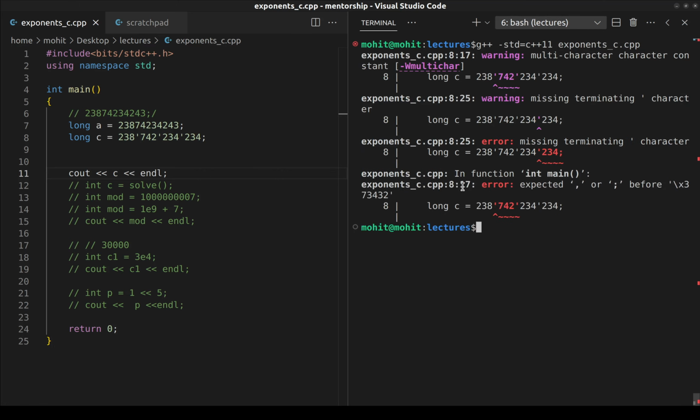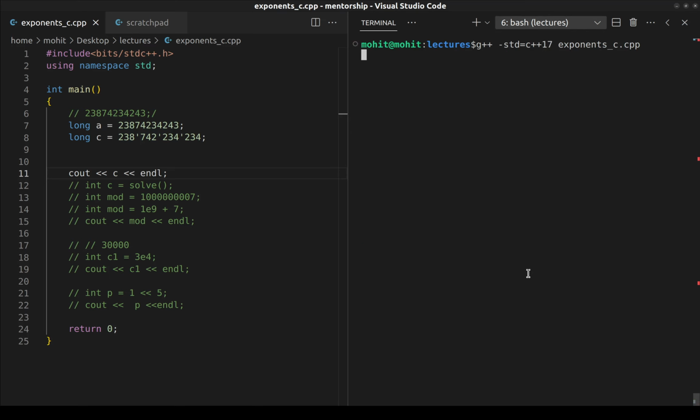You can see that it does not compile because it is C++11. Now let's compile it with C++14. Yes, now it got compiled. Let's run it again, and you can see the answer. If you compile it with any later version like C++17, you'll also get the answer. New versions are released almost every 3 years, like 11, 14, 17, 20, and then 2023.